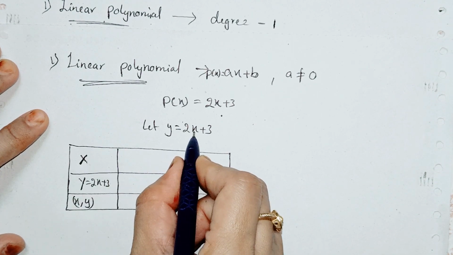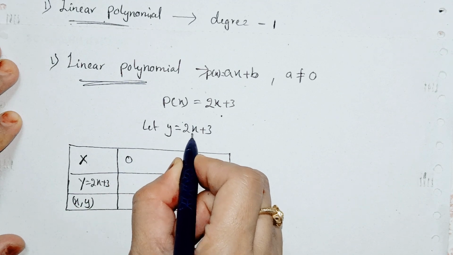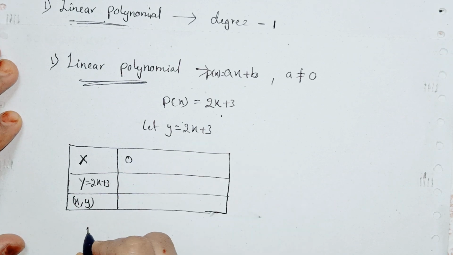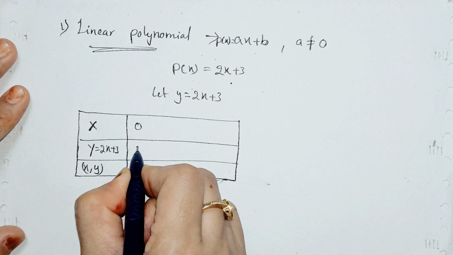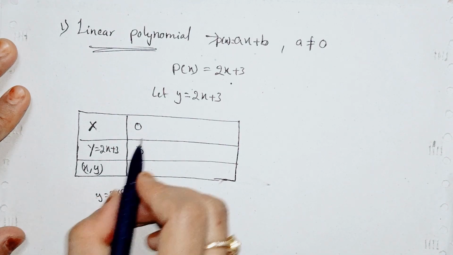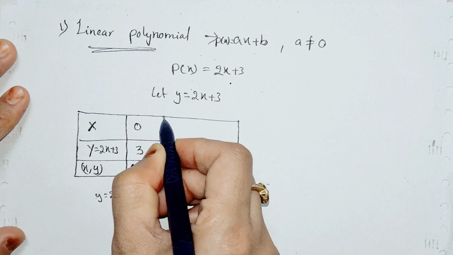So if I take x as 0, 2 into 0 is 0. So y equal to 2 into 0 plus 3, which is 0 plus 3, is 3. So I'm getting the y value as 3. Therefore x comma y is 0 comma 3.